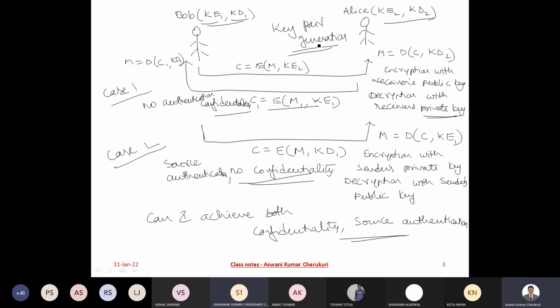And remember, one key is kept public, that is KE1, and one key is kept secret, KD1. Remember, I am using a pair. In the pair, I am keeping one public and one private. I am using one key for encryption and another key for decryption.